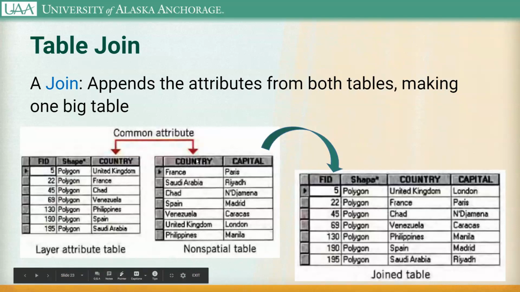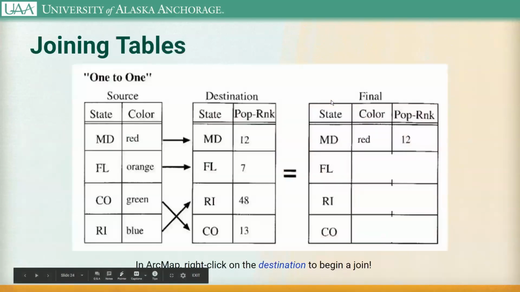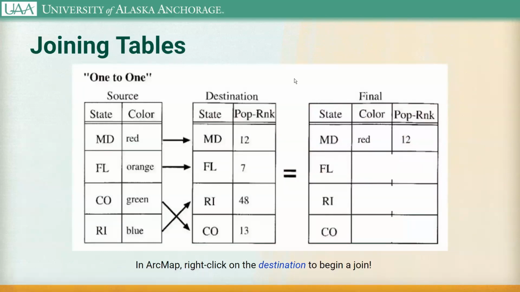If there was a country and capital relationship in this table that didn't exist in this table, it would disappear from the join table. So that's not necessarily a problem with your data set, right? That might be something that you don't really care about, but there could be potential for data loss.